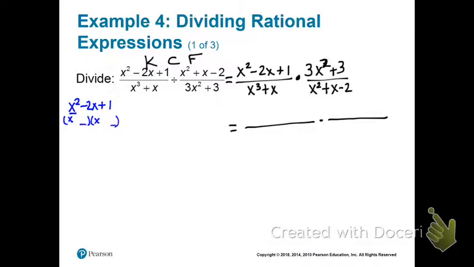Our last two numbers have to multiply to 1, and they have to add to 2. So what multiplies to 1 but adds to 2? It's 1 times 1. Bigger number first, bring down the first sign. Negative 1 times what kind of 1 gives me a positive 1? Well, a negative. Can't factor those any further, so I'm going to put those in that first numerator.